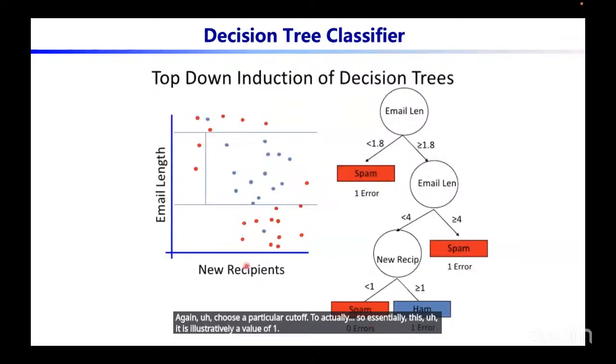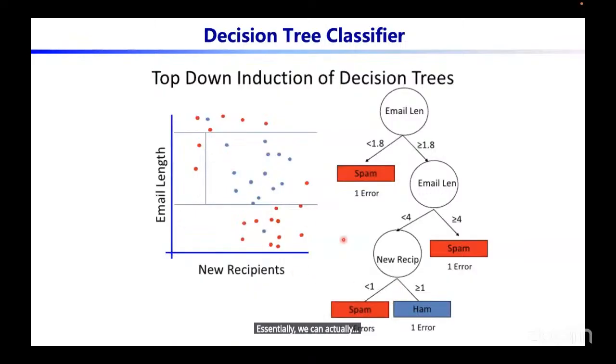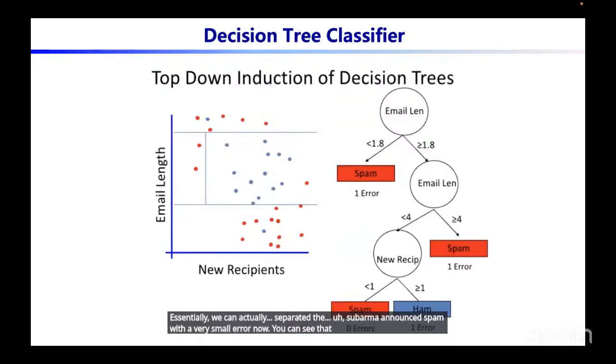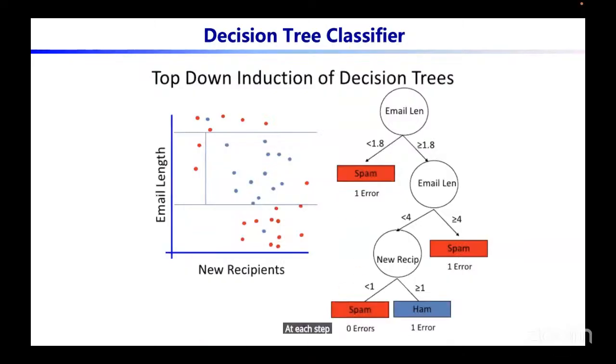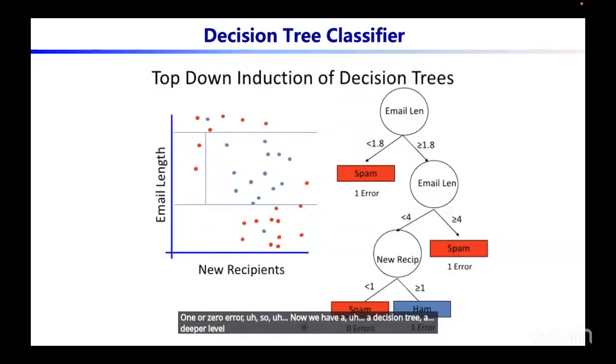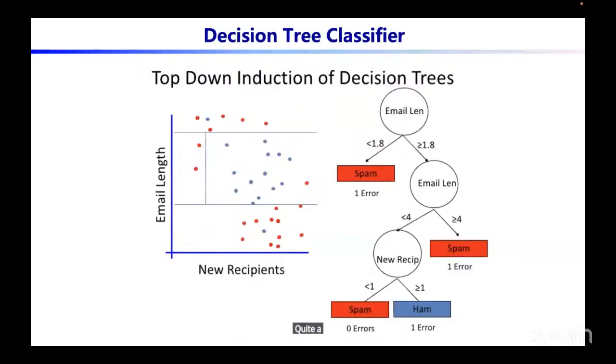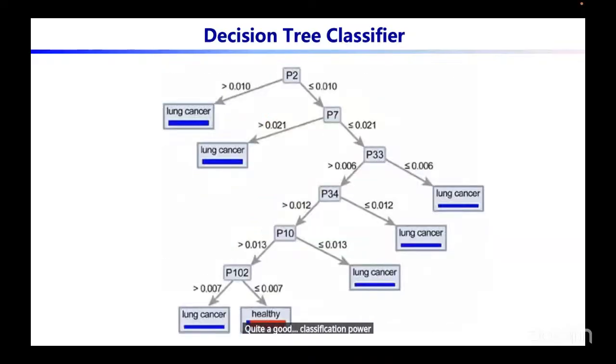Essentially, we can separate spam and non-spam with a very small error now. You can see that altogether, at each step, the error becomes just 1 or 0. So now we have a deeper decision tree with a good classification power.